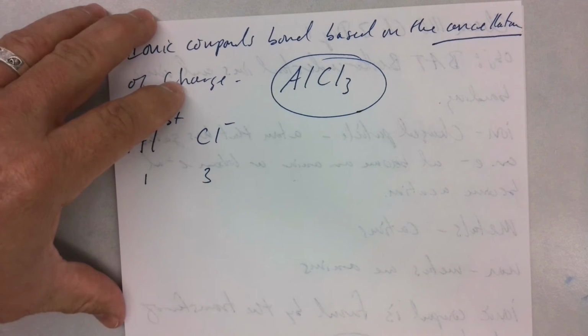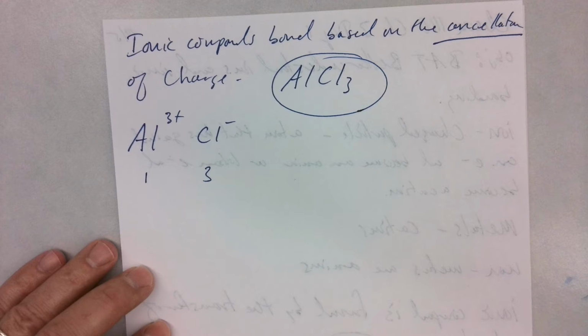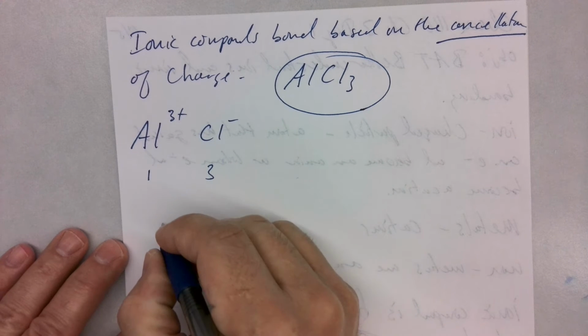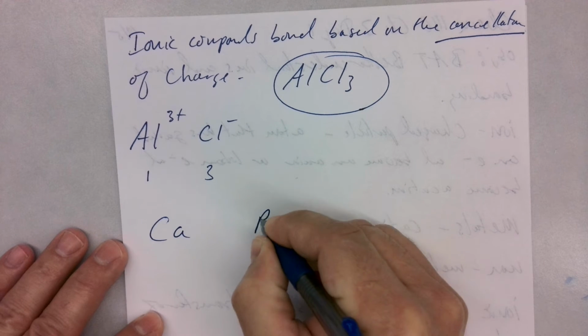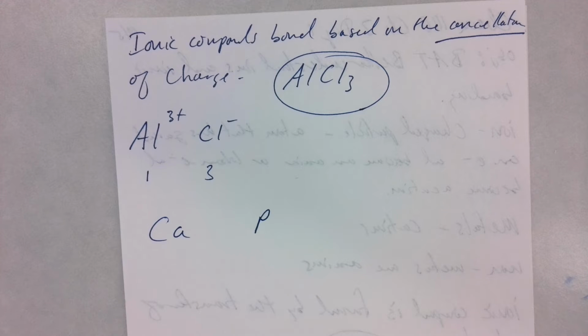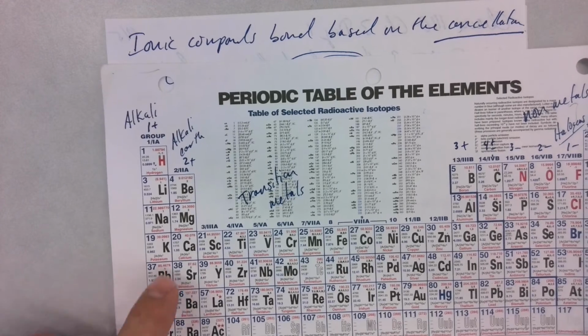Now, what happens is you can do this with any compound out there. So like, let's say I take calcium and I take phosphorus. Now, where's calcium on the periodic table? It's in group 2, right?